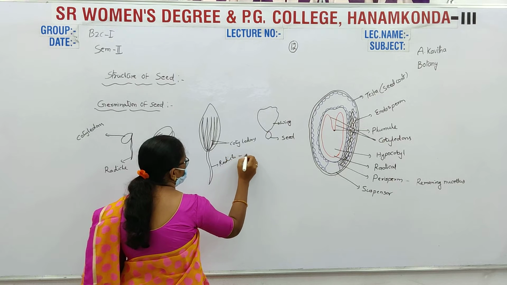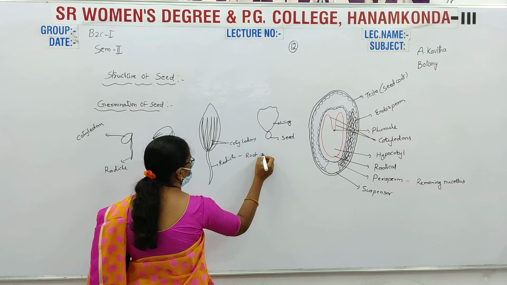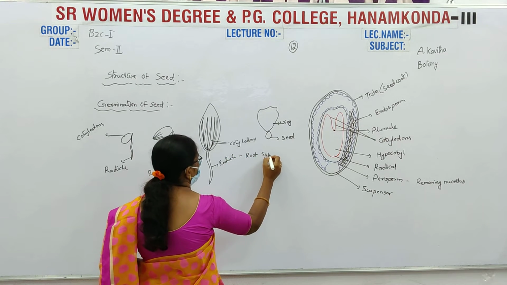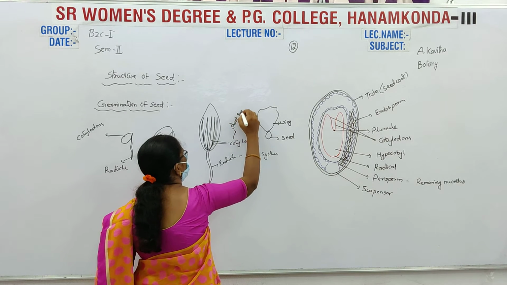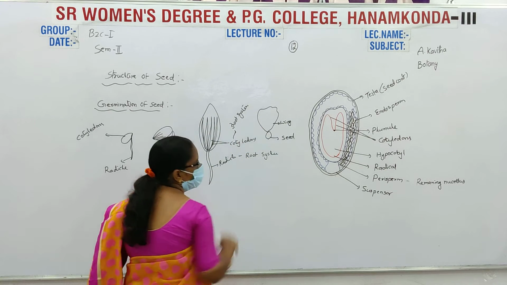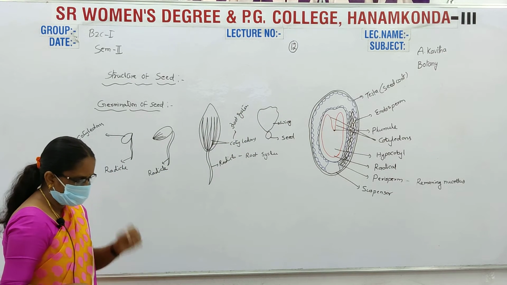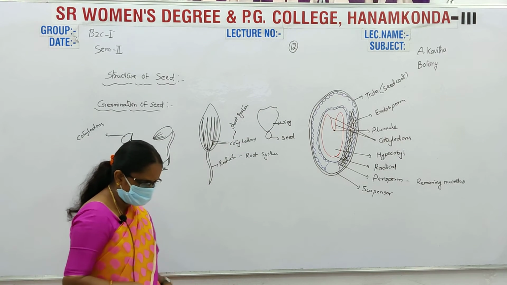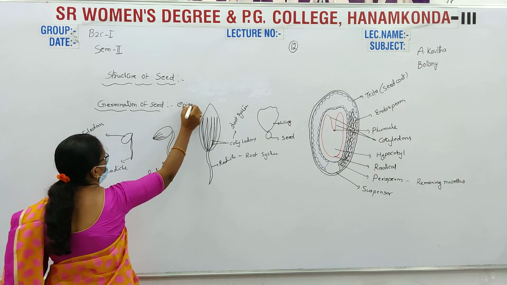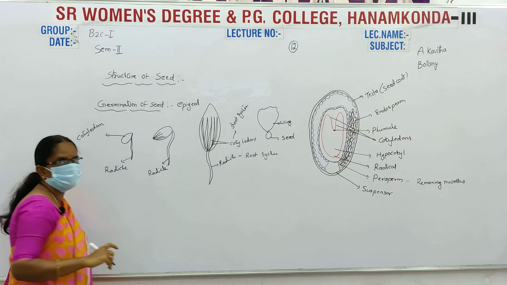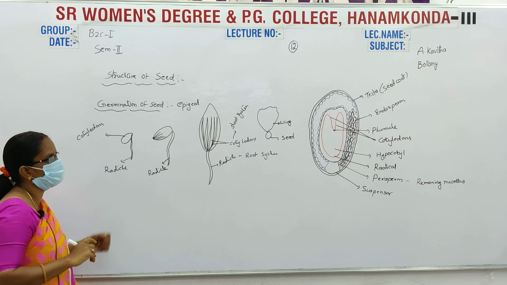The radicle completely develops a root system, and the cotyledons develop a shoot system. This type of germination is called epigeal germination.